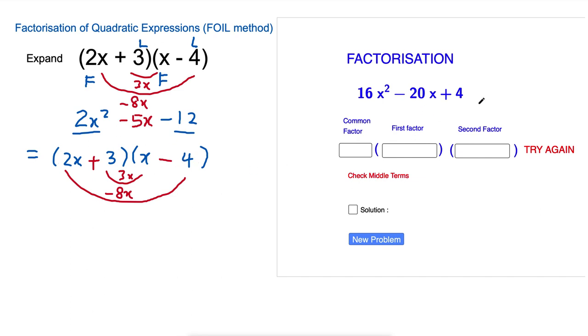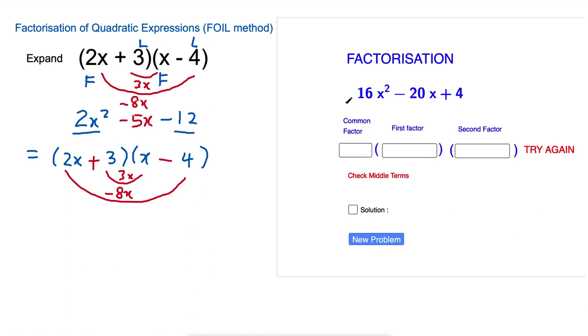Now let us take a look at how we factorize this. Before we can factorize, it is important to note that if there is a common factor, it has to be taken out first. On examination, we know that the common factor is 4.